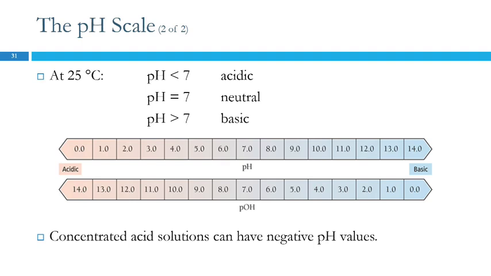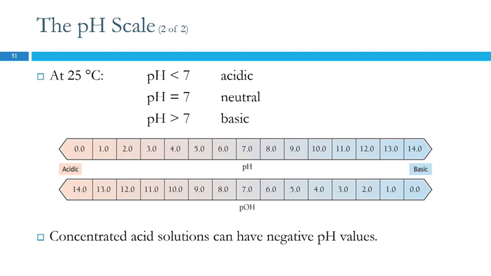So here's the pH scale. It runs from pretty much 0 to 14. So here we have a nice range of numbers instead of 0 to 10 to the minus 14, right? So small pH means it's acidic, and large pH means it's basic.